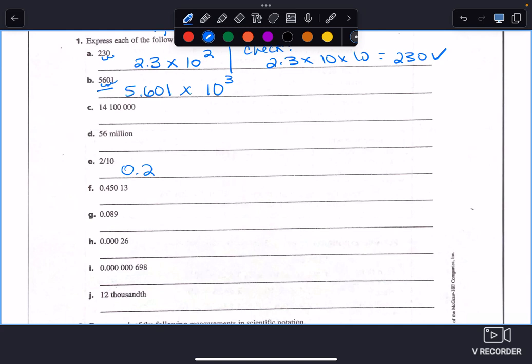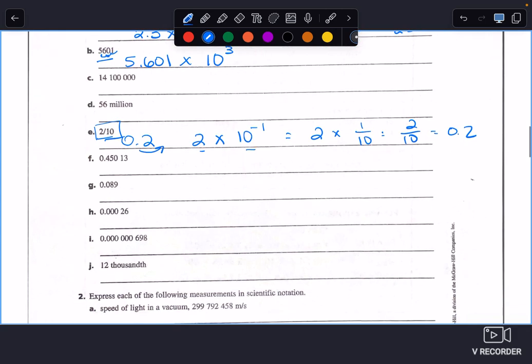So we're going to move the decimal to the right by 1, so that's going to be an exponent of -1. And this is 2 times 1/10, which is 2/10, which is exactly what they gave us. It's also the same as 0.2, remember.